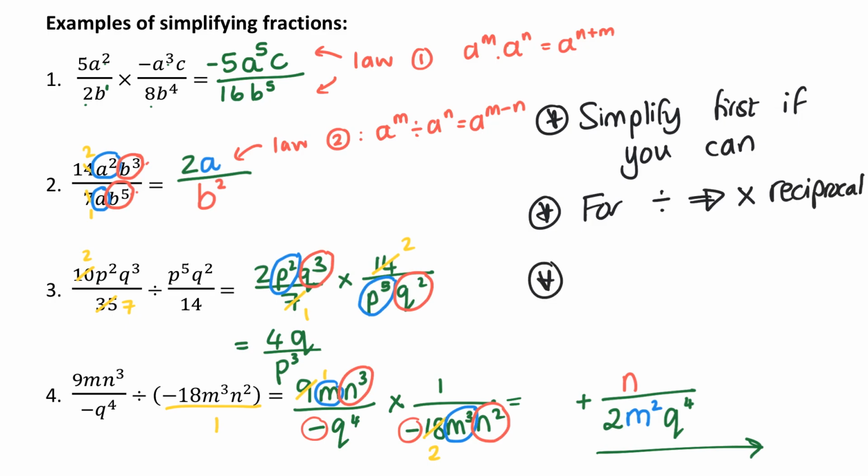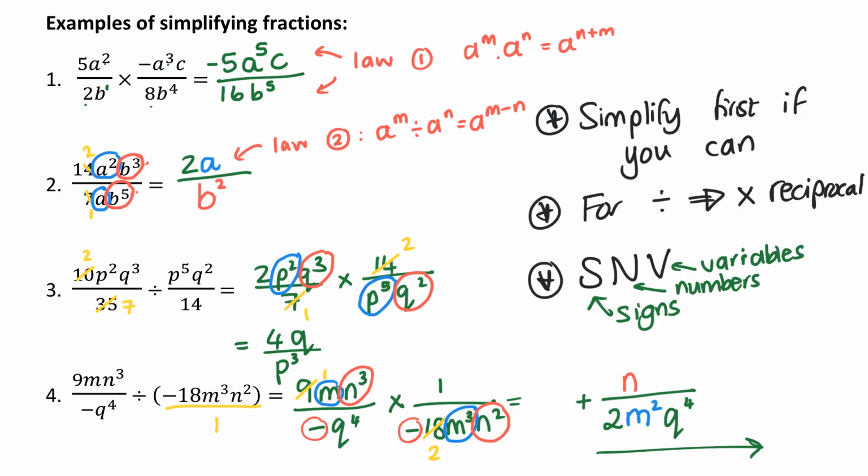And a third tip for multiplying is often it's helpful to multiply signs first, then numbers, then variables. So that little combination of letters, S stands for signs, N stands for numbers, and V stands for variables. And this will work when you are multiplying things together.